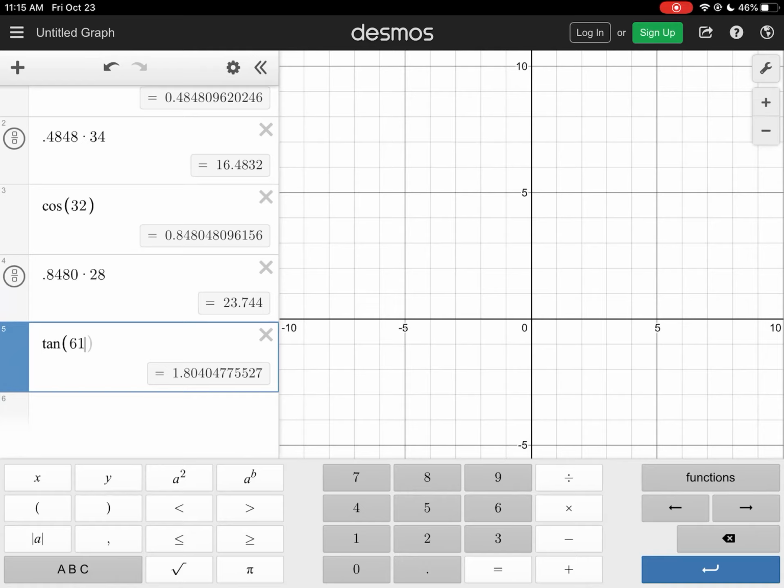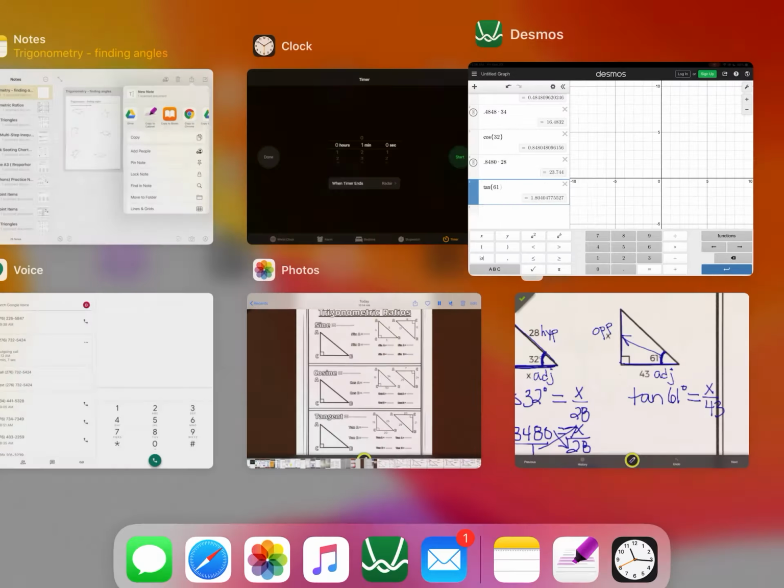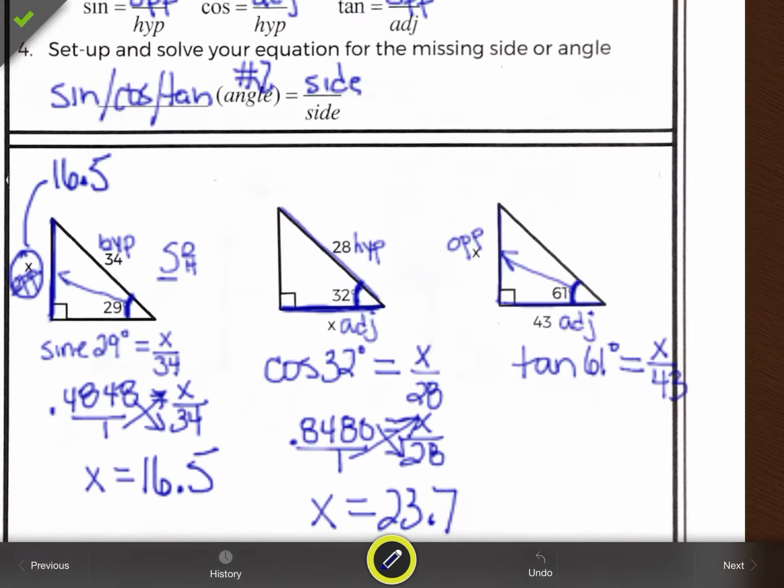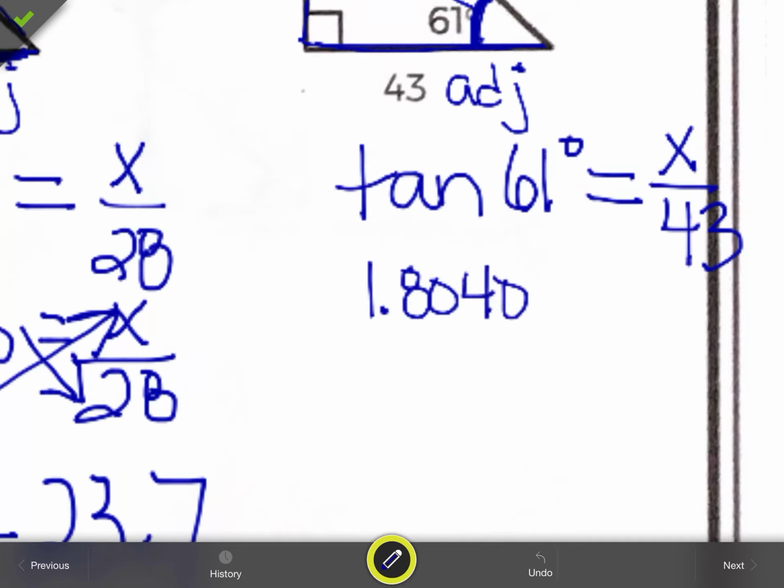We had to dig through pages of charts to find this. So 1.8040. Again, always go 4 numbers behind your decimal. 1.8040. Okay, that is what the tangent of 61 degrees is.